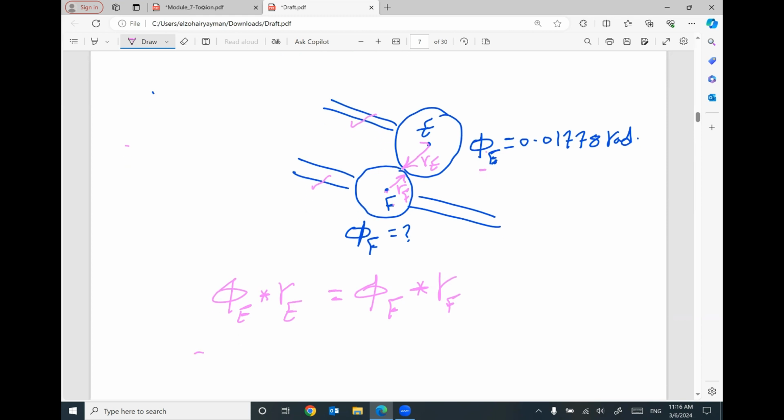So phi of the shaft at gear E, 0.01778, times the radius of this shaft, 6 inch I think, equals the unknown angle of twist at gear F times the radius of this shaft, which is 3 inch.